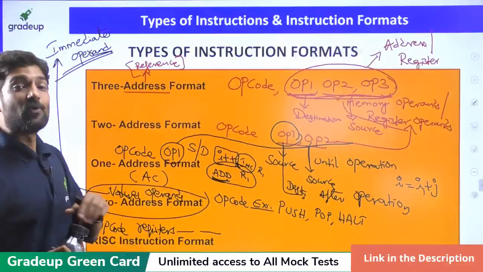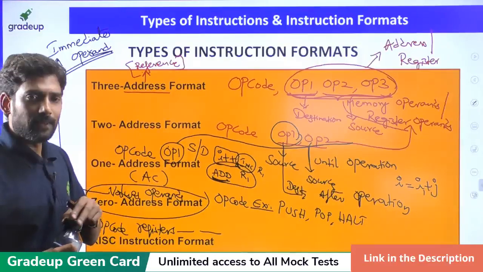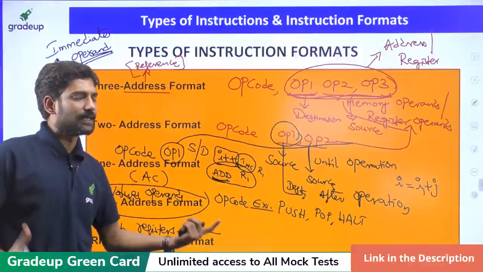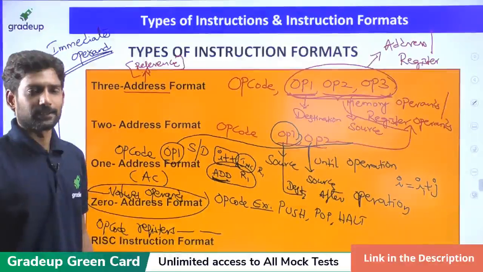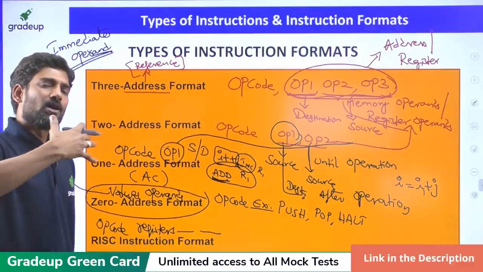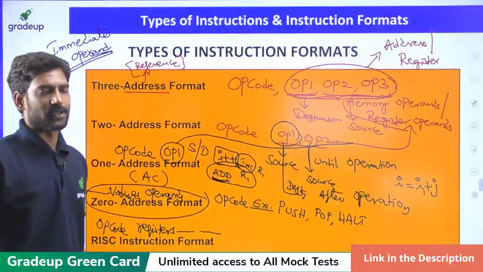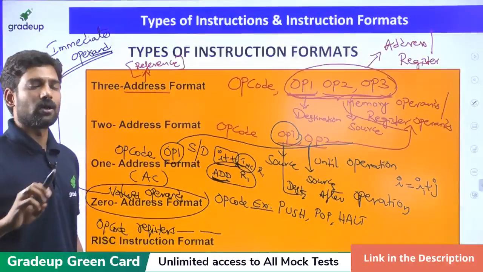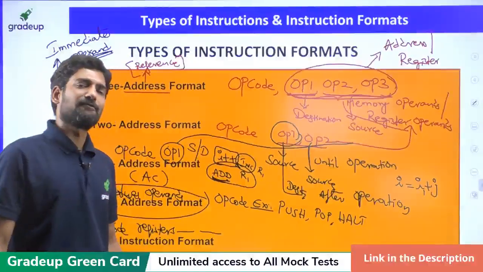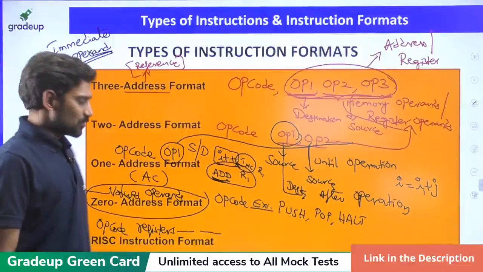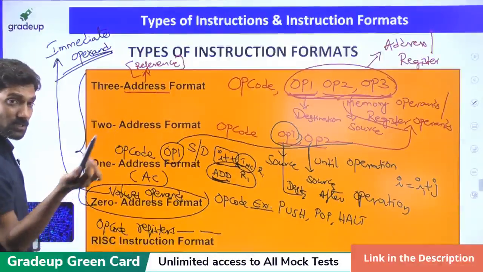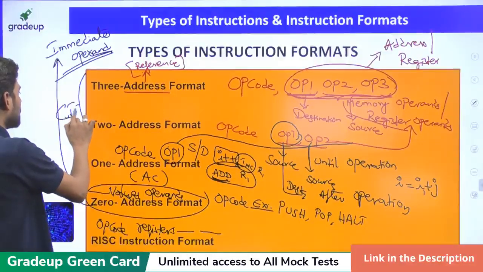Exactly. It would be variable. Why? Because how many operands there will be is not constant. You may write 1 register, 2 registers, 3 registers. Commonly a similar operation will be happening on all. So the length of instruction will definitely be variable. So when this becomes RISC format, all the others become CISC formats.